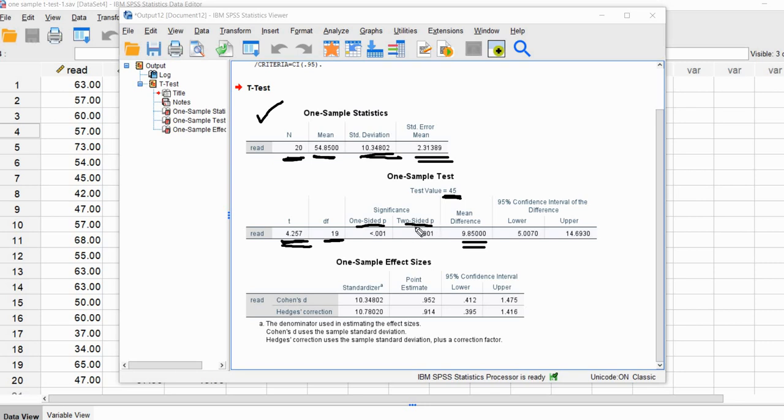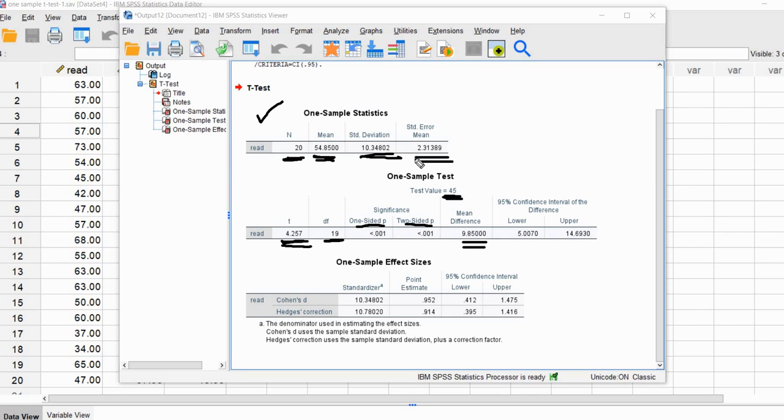So because we are just simply testing whether our sample mean is significantly different from 45, we're not making a statement about whether that mean is higher or lower than that value of 45, only that there's a difference. And so when we specify our hypothesis in that way, what we're specifying is a non-directional hypothesis.